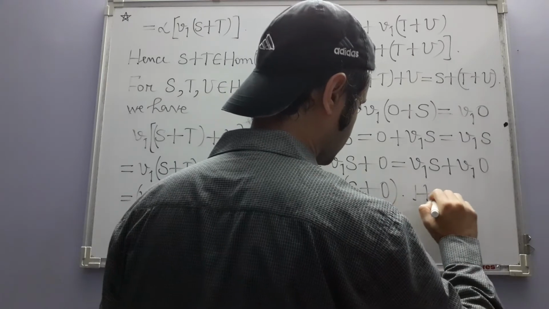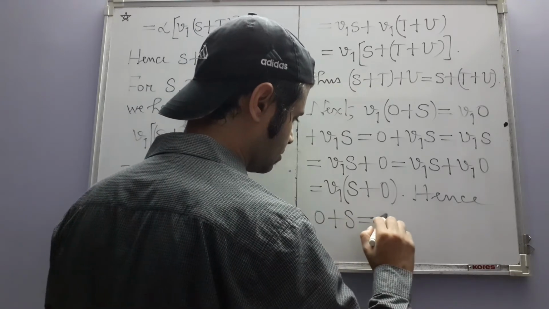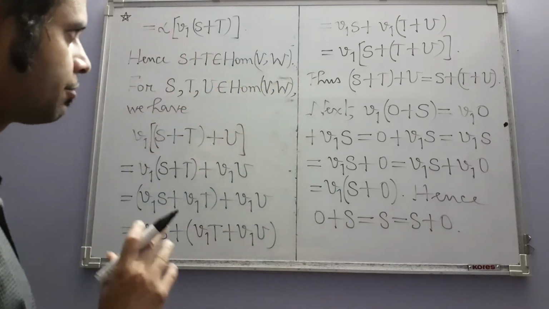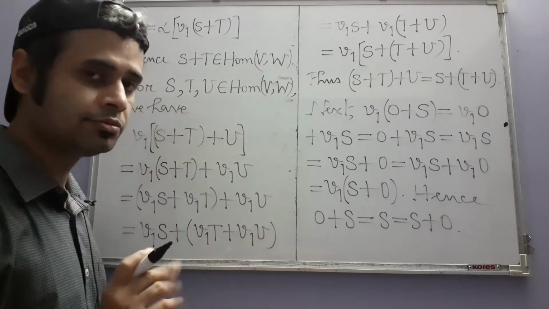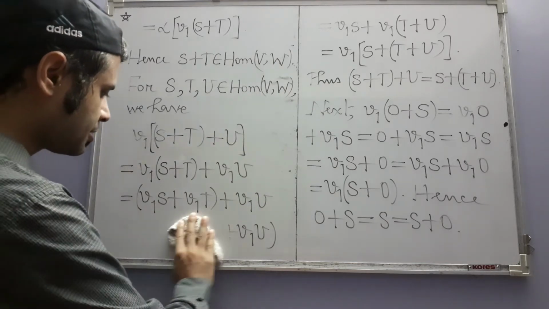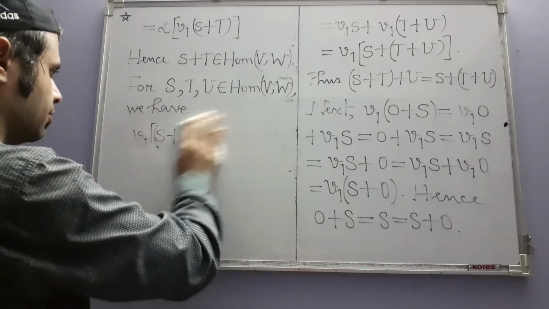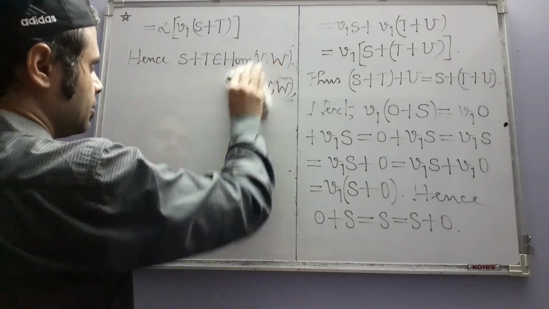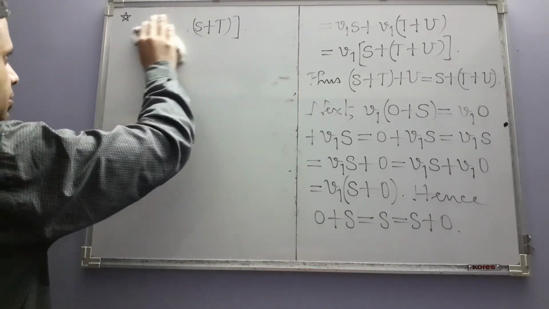Hence 0 plus S equals S equals S plus 0. So that 0 function, which first of all we showed is an element in this, actually acts as an additive identity. Additive identity means it acts as an identity with respect to this addition that we have defined on Hom(V, W). So to prove that it's a group now with respect to this addition, the thing we are left to prove is that every element has an inverse.